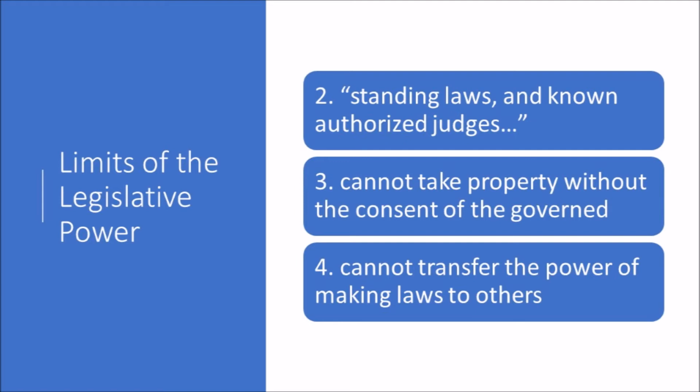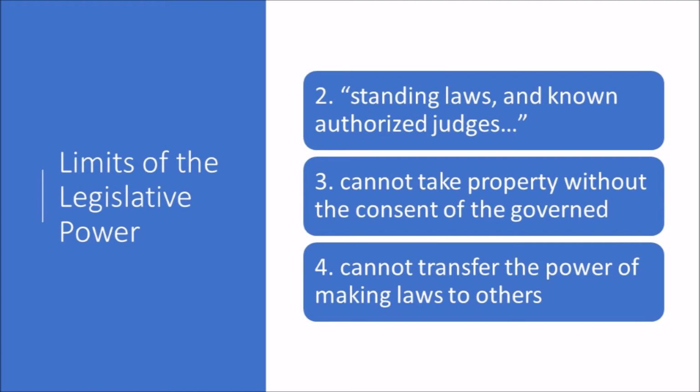Thirdly, the legislative power cannot take the property of the people without the consent of the governed. And later on in this chapter, he says they must not raise taxes on the property of the people without the consent of the people. So there's a fundamental idea that's echoed in the American founders' notion, right?